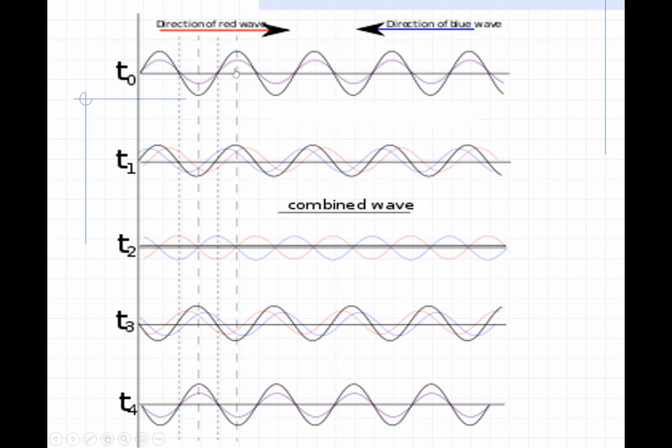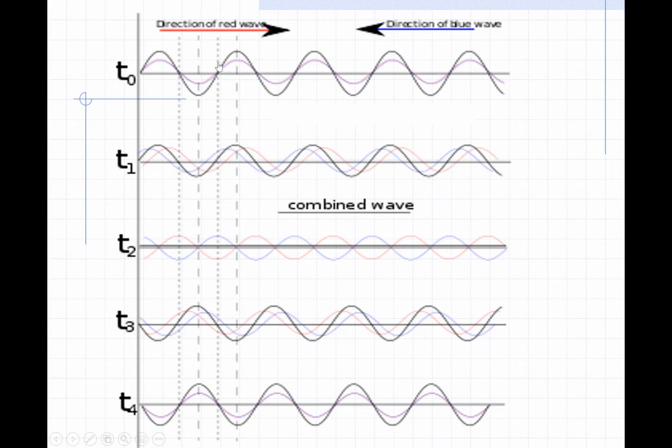But as they pass by each other, they get a little bit out of sync, and everywhere just kind of cancels a little bit more. Then when they're fully out of phase with each other, our wave is totally canceled, and we'll see our string as being totally flat for that moment in time. As they continue to pass by each other, we'll get constructive interference in the opposite direction.